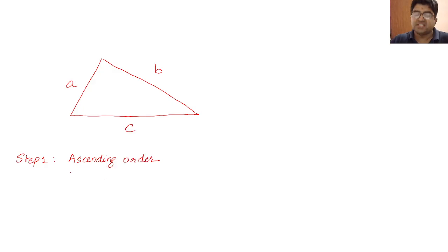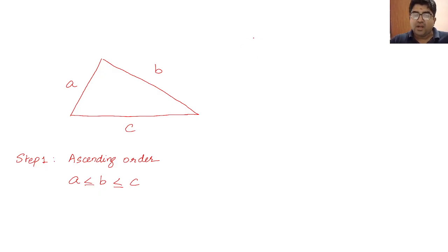Present the three sides A, B, C such that A less than B less than C. That is the condition you have to check. It can also be A less than or equal to B less than or equal to C, since equilateral can also come, but present it in ascending order. If the three values are distinct, present them in ascending order. That is the first step.